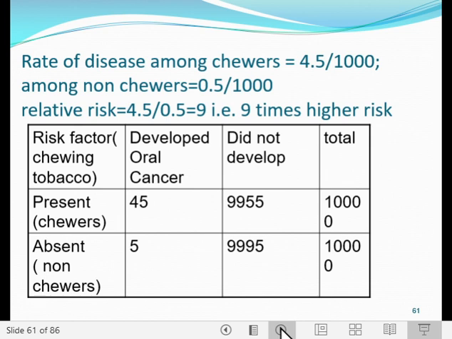Then among non-chewers it is 0.5 divided by 1000. So, relative risk is incidence among exposed divided by incidence among non-exposed. Therefore, you find out that there is a 9 times higher risk for the patients to develop cancer if they are chewing the tobacco.